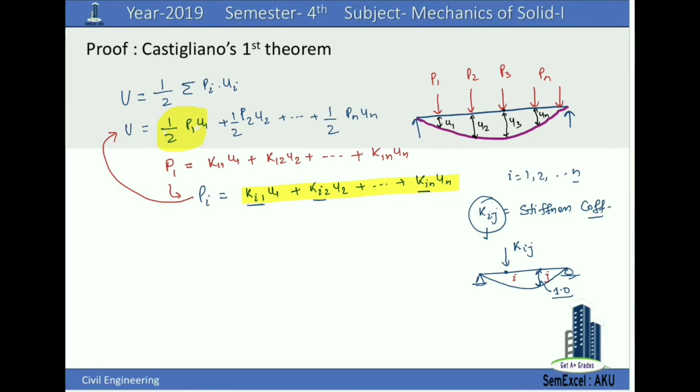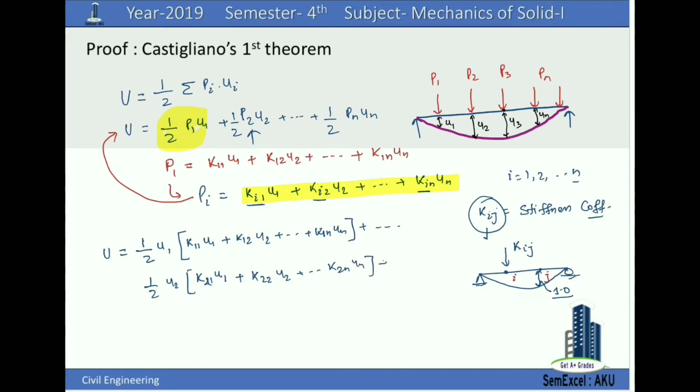We will get U is equal to half of U1 into K11 U1 plus ... K1n Un plus, in similar manner if you do P2 in this equation, we will get half U2 into K21 U1 plus K22 U2, same manner K2n Un, half of Un into Kn1 U1 plus Kn2 U2 ... Knn Un.